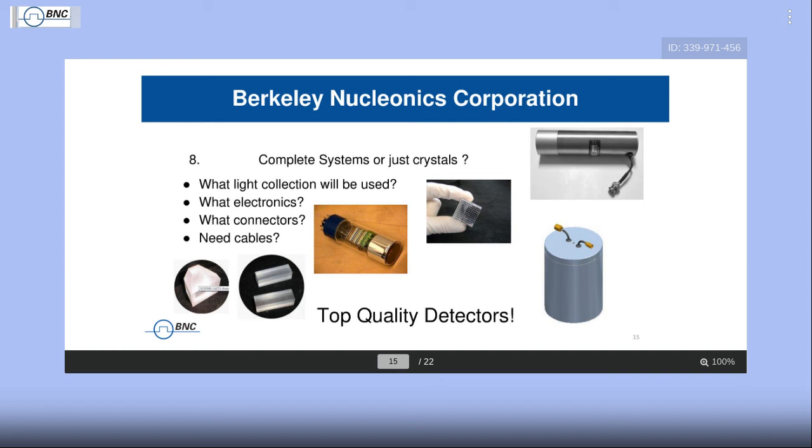But besides the crystal, are you considering a light collection device? We have a picture there in the center of a photomultiplier tube, fairly common device. The detector will fit onto the end where they kind of have the brown surface.